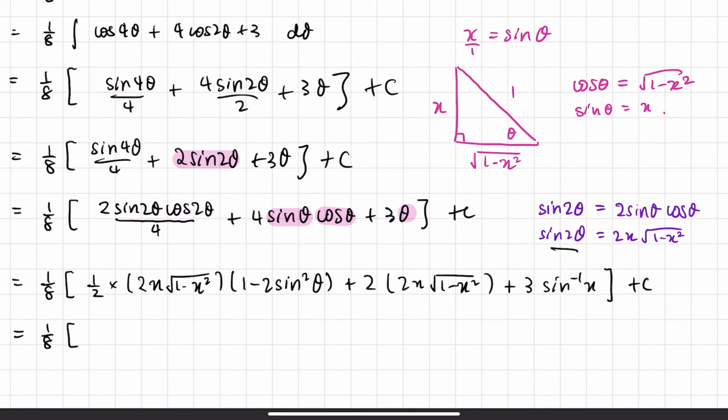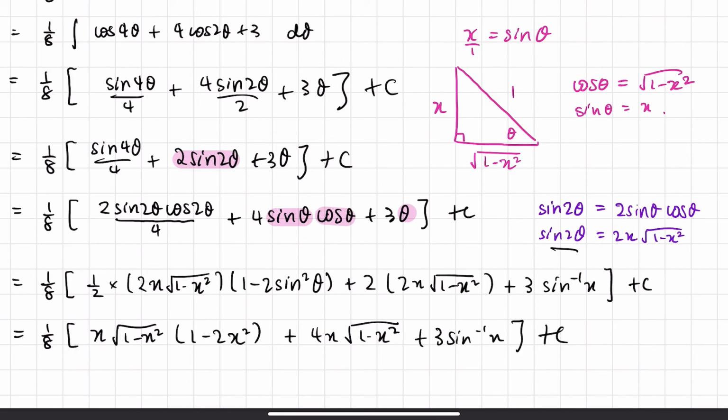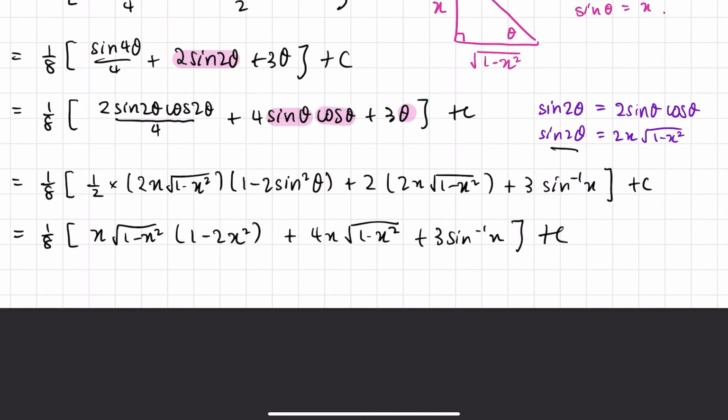Okay, so half times 2 cancels out, so we have this one multiplied by 1 minus 2 sine squared theta, where sine theta was x, right? So that's 1 - 2x², plus 4x√(1 - x²), plus 3 sine inverse x. Yeah. And we're pretty much there, but I can see one last little bit of simplification that we can do.